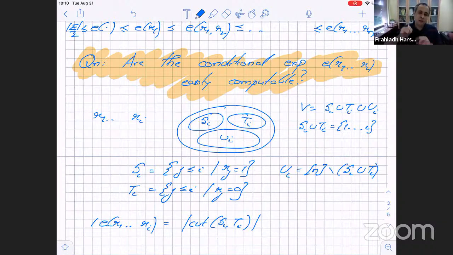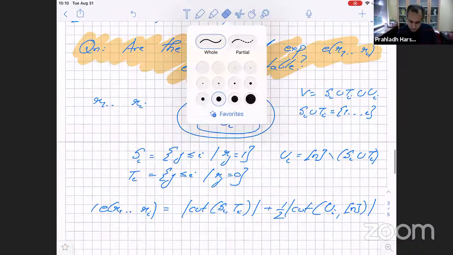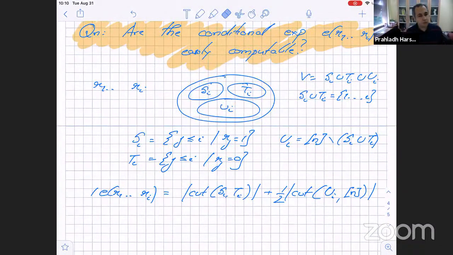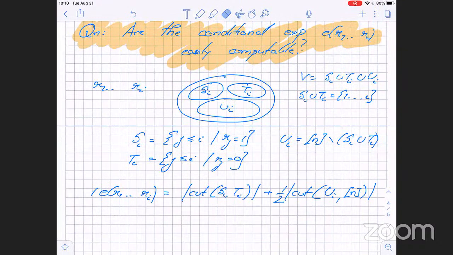Irrespective of that, there's exactly a half probability in which it's cut or not cut. So I want to claim this quantity is exactly the cut of Si and Ti plus half the cut of Ui and all the remaining vertices. Once again, linearity of expectation will give you this answer.